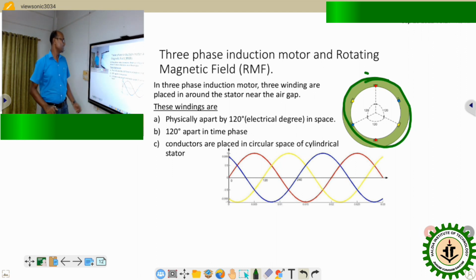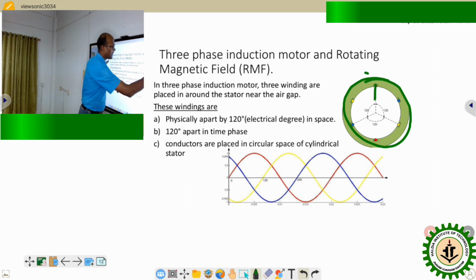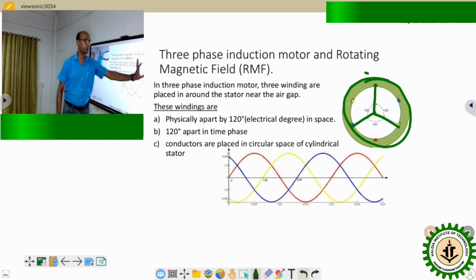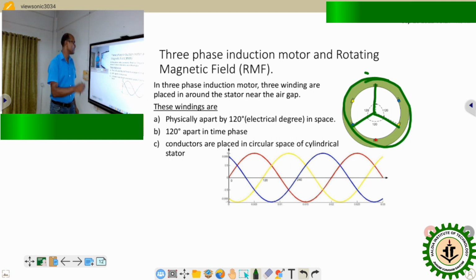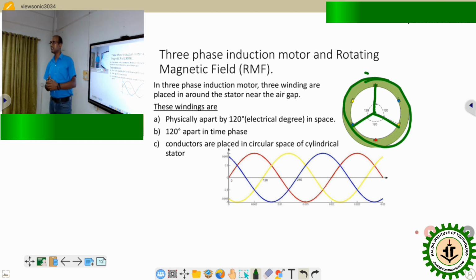If they are physically 120 degrees apart, as in a 2-pole system, and electrically the currents in the R, Y, B phases are also 120 degrees apart, then there is a chance of a rotating magnetic field.